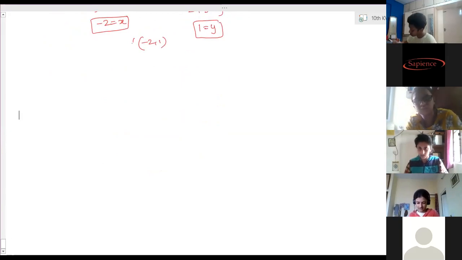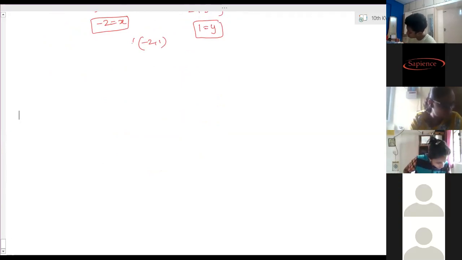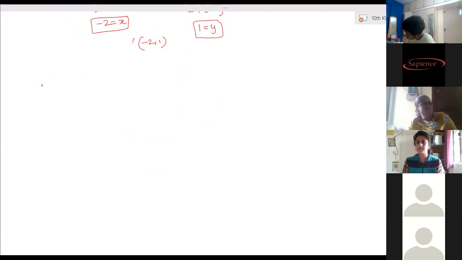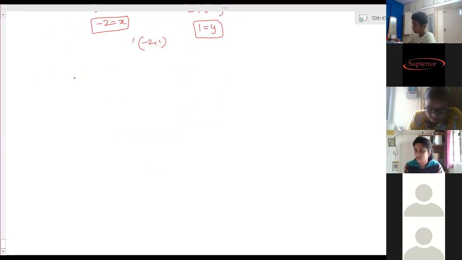Question 48 is also the same kind. 48th and 44th are all the same. P and Q trisect at the points A and B, so you have to calculate the points of trisection A and B. A is present on that line, so once you get A's coordinates, substitute them in that equation and you will get the value of K.